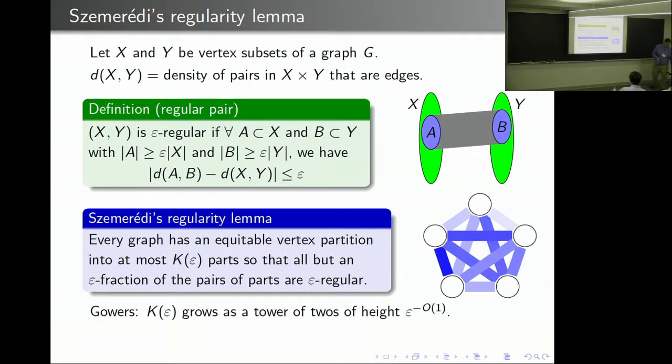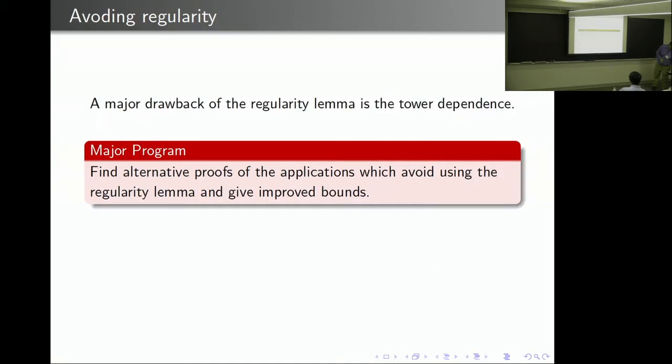And so this was a major program in combinatorics to get rid of the regularity lemma. So you want to find alternative proofs of the applications which avoid using the regularity lemma and give improved bounds. So you really want to understand the applications themselves. And the person who's really been pushing this program the most in recent years has been Szemerédi.